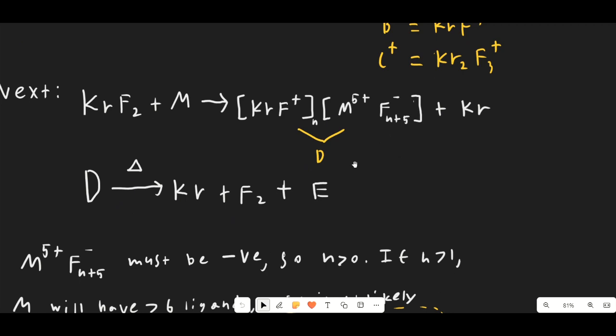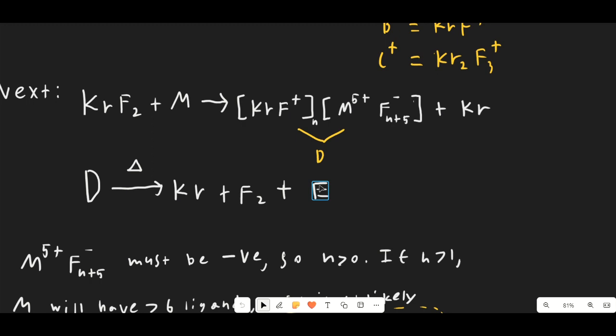And then we're also told that D can be heated, and it'll release Kr, it'll release F2, and it'll release E. And E is a compound that contains M as well, and we can go ahead and make an assumption here that if we reorganize all these fluoride ions from this anion to the cation, we would get a bunch of KrF2 units, which decomposes directly to KrF2.